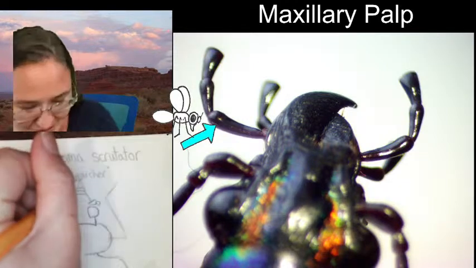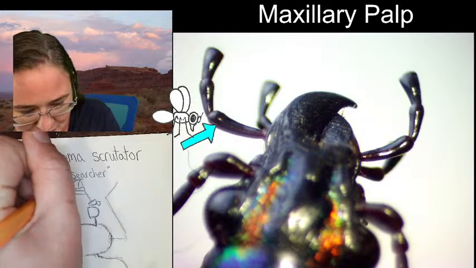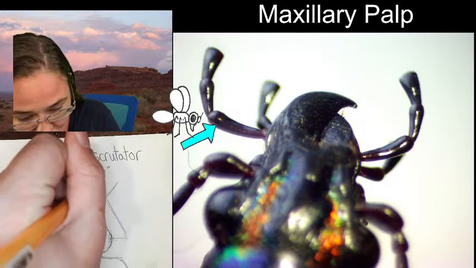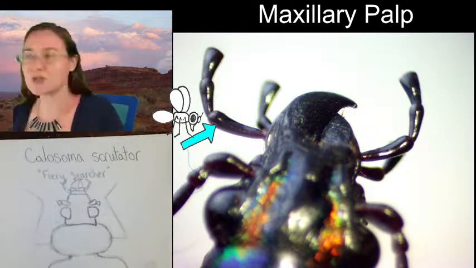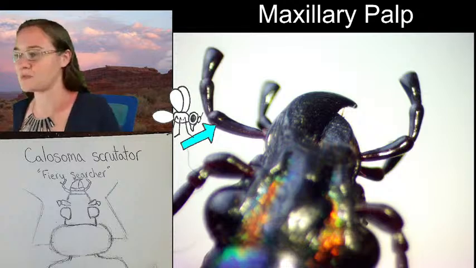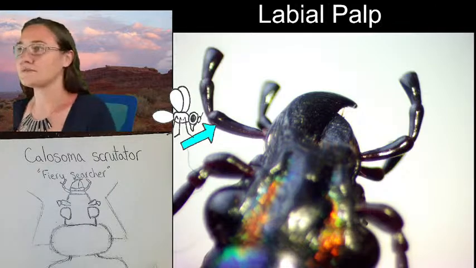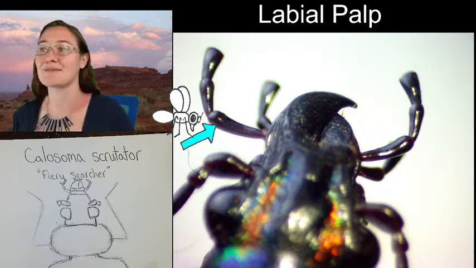I'm going to go ahead and sketch mine here. So we get 3 segments on the maxillary palp, so they are actually pretty long. And then we're going to have 2-segmented labial palps, spelled this way. And the labial palps are actually connected to the bottom lip.